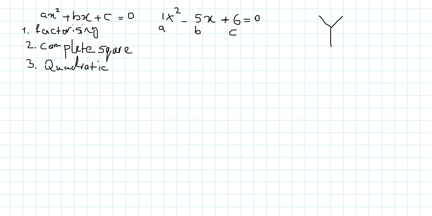I should write AC here, and B here, and over here this number divided by A, and here divided by A again.